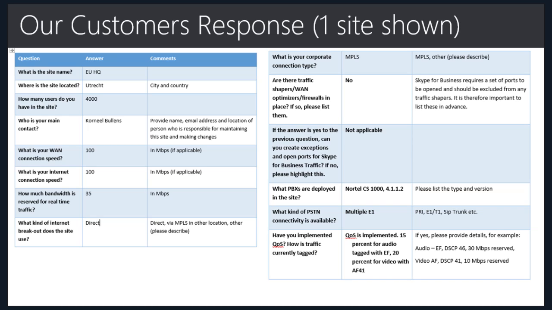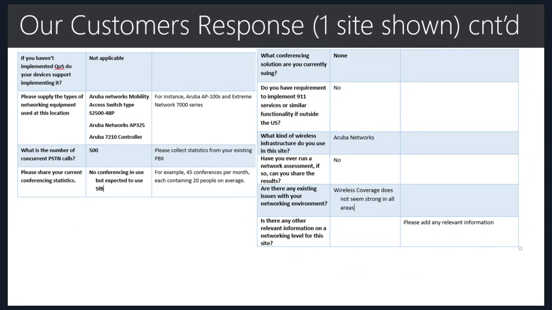They've given us the EU headquarters. So it's in Utrecht, 4,000 users, Corneel's their main contact, WAN connection speed, internet connection speed, all the questions we had, they're all being presented by the customer. We need this for every site, and we can use this to highlight any problem areas. If you look at the right, you can see that they actually have an existing issue. Their wireless coverage doesn't seem strong in all areas.